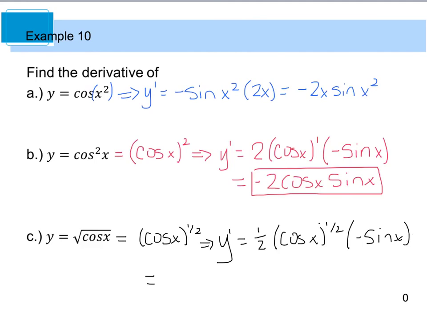And if we simplify this, we have a negative sine x in the numerator, and we're going to divide that by 2 times cosine of x to the 1/2 power, or you can go ahead and just write that radical in there. So this here would be our final answer for part C.